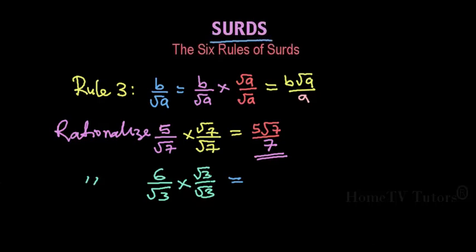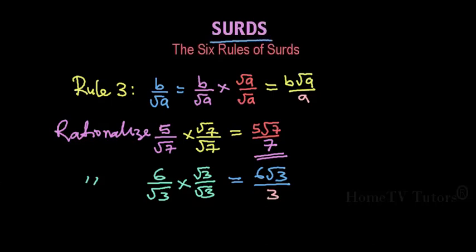So at the numerator we have 6 times square root 3, we have 6 square root 3 over, at the denominator, we have square root 3 times square root 3, which gives us 3. Is this the final answer?